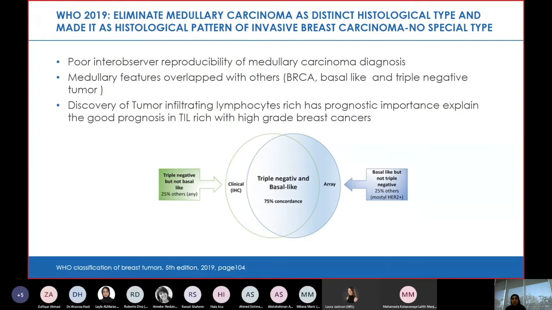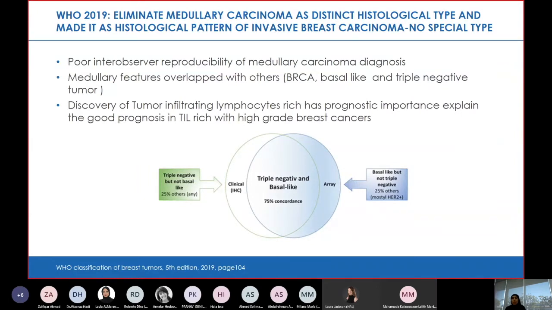And why did these changes happen? Because of the poor inter-observer reproducibility of medullary carcinoma diagnosis that I just mentioned, and because medullary features overlap with others like carcinoma associated with BRCA mutation, basal-like molecular phenotype, and some of the triple negative tumors.